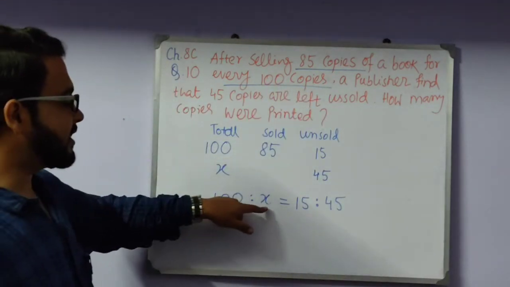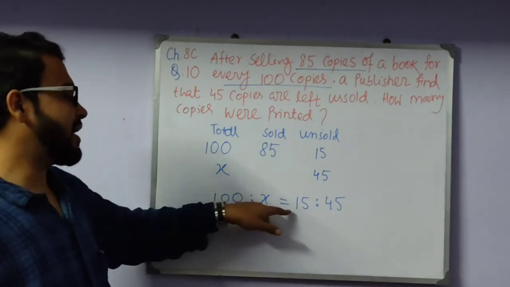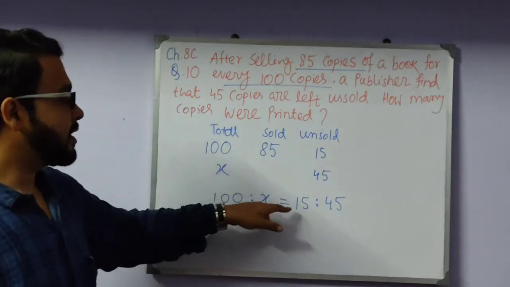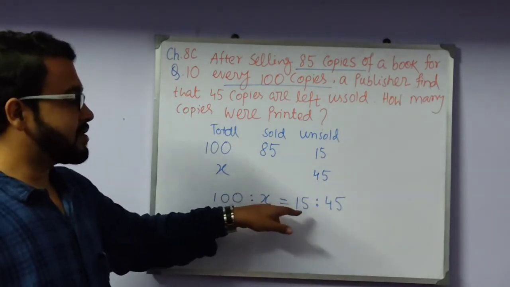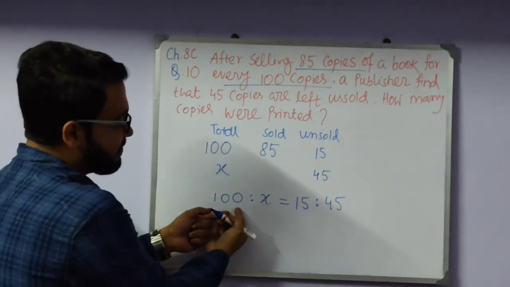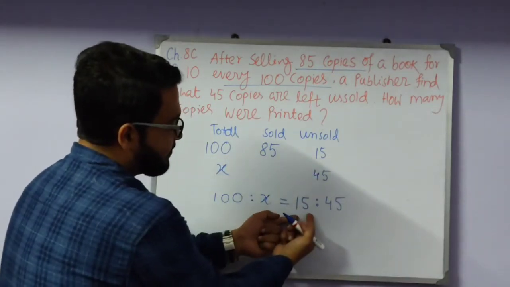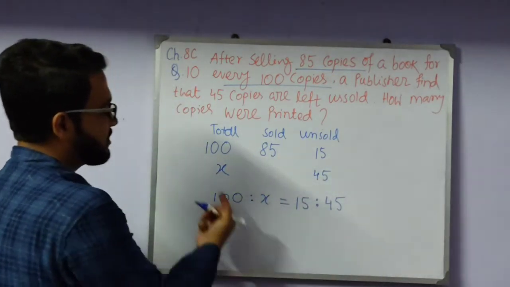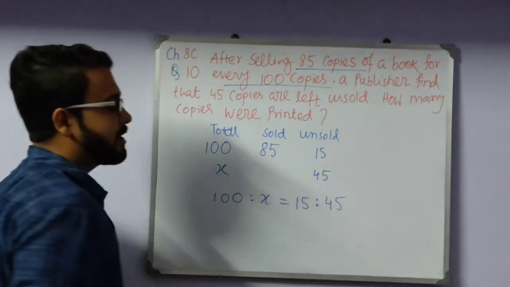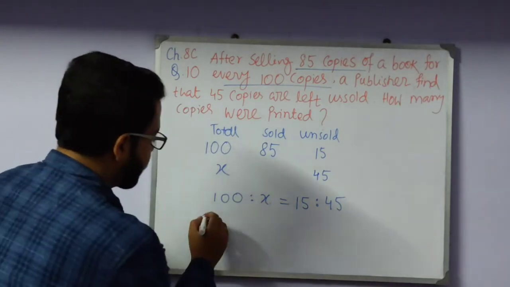On the left hand side we write the total number of copies printed, and on the right side the number of unsold copies, and there is a sequence maintained. For 100 written first, 15 unsold is written first. X in the second case, X respects 45 written in the second case. So there is a sequence maintained.